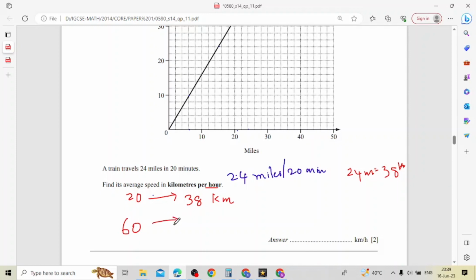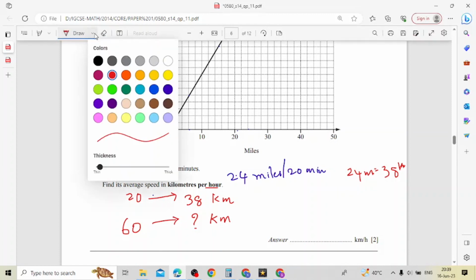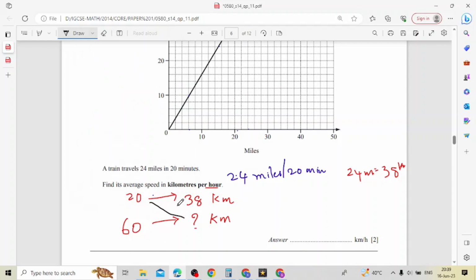For 60 minutes, how many kilometers? So here we have to go for cross multiplication, and we can take this as x.